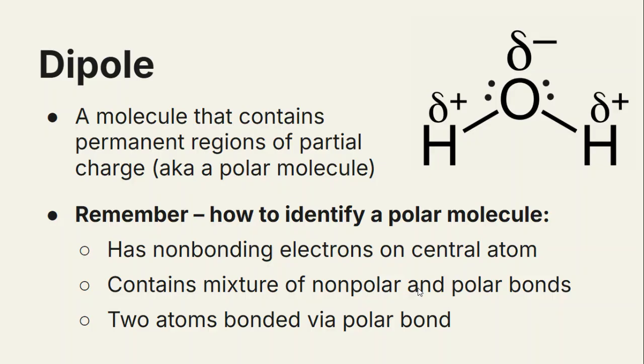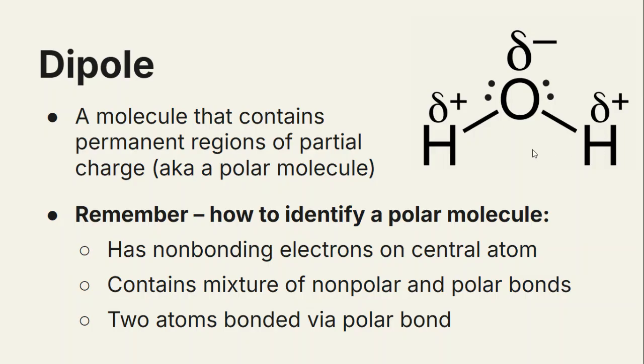So polar molecules contain permanent dipoles, which is why they contain permanent partial charges. Like water contains a dipole because the oxygen always has a partially negative charge and the hydrogens are partially positive.